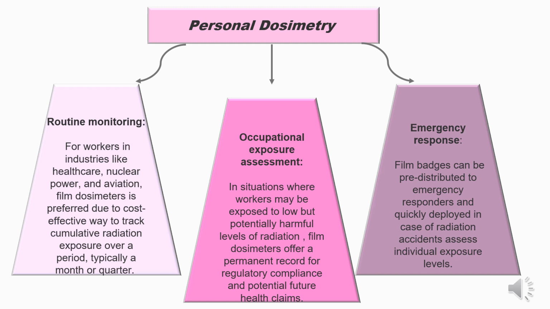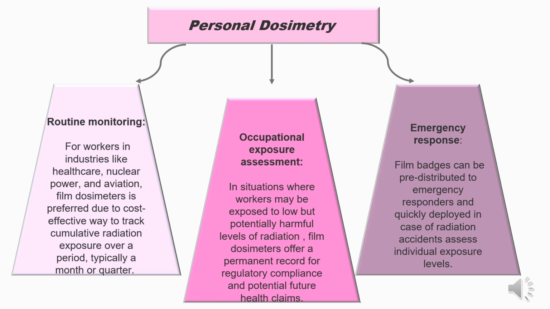We can use it in routine monitoring for workers in industries like healthcare, nuclear power, and aviation. Film dosimeters are preferred due to cost-effective way to track cumulative radiation exposure over a period, typically a month or a quarter.